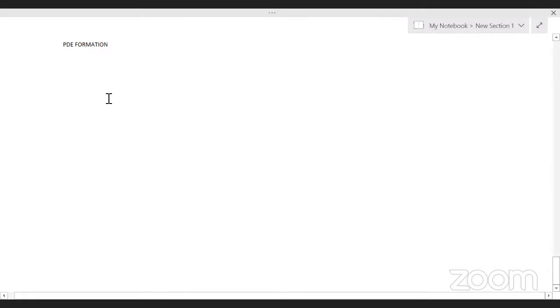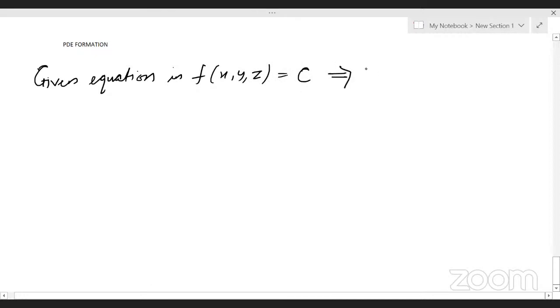So what is formation of PDE? You will be given an equation, let's say f of x, y, z is equal to some constant c, and you convert it to a function, let's say capital F of x, y, z, p, q, or r, s, t.